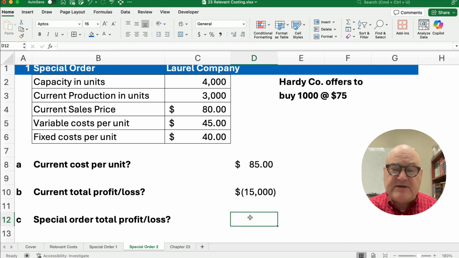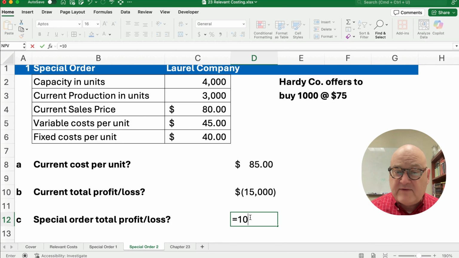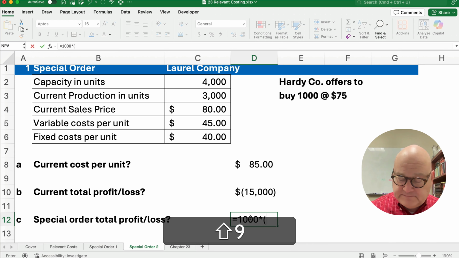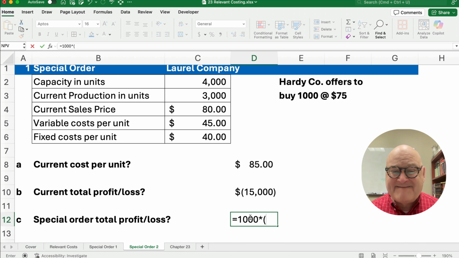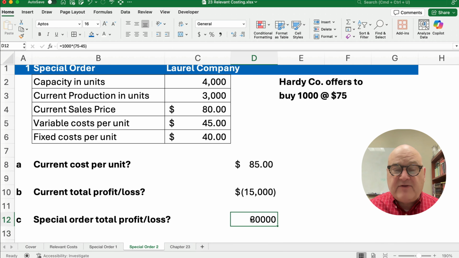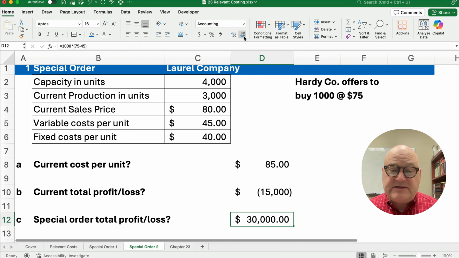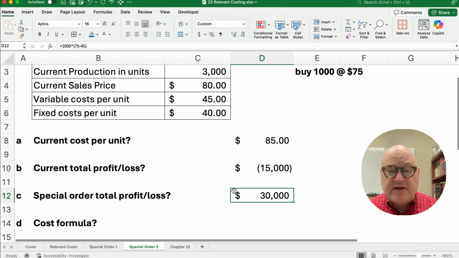But what's our special order? Well, it's going to be 1,000 units times 75 minus the 45. So we're going to take $75, what our selling price is for this special order, minus the 45. So we're going to make $30 each. We're going to make $30,000. I think we should accept this. This would be very, very good.